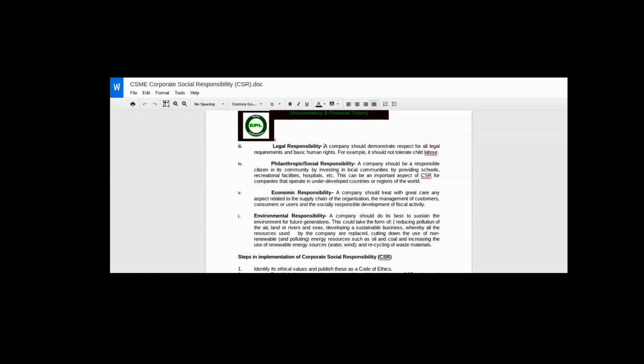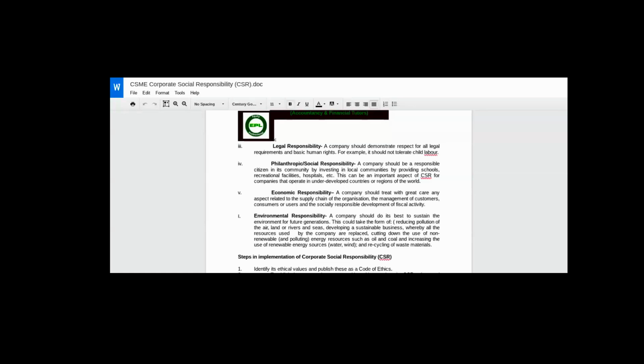In the legal responsibility, there must be compliance with the constitutional provisions, compliance with agency law. For instance, a bank must comply with CBN guidelines or directives, compliance with BOFIA law, Banks and Other Financial Institutions Act. So all these things are what we call legal responsibility.